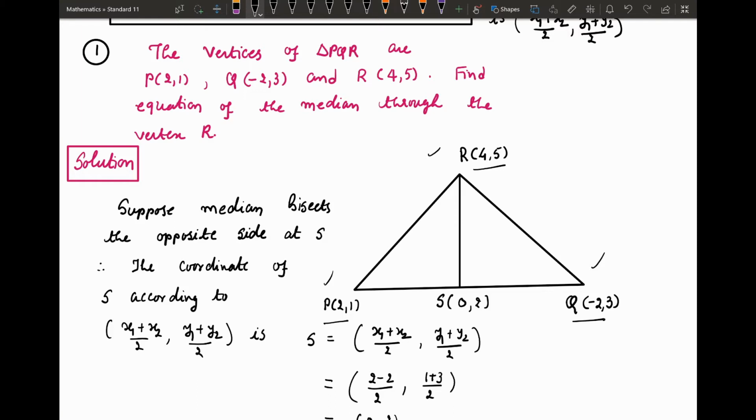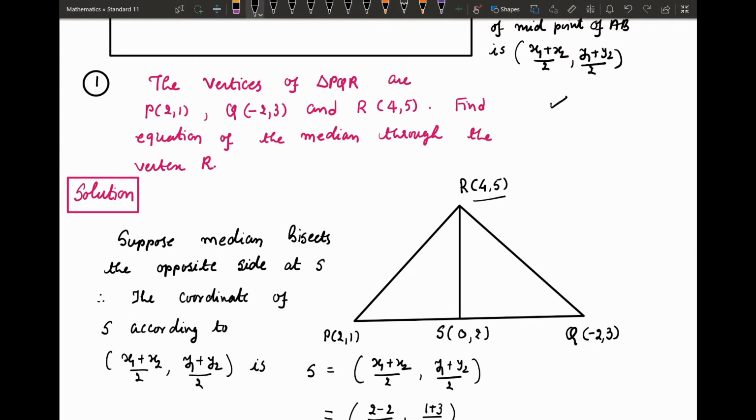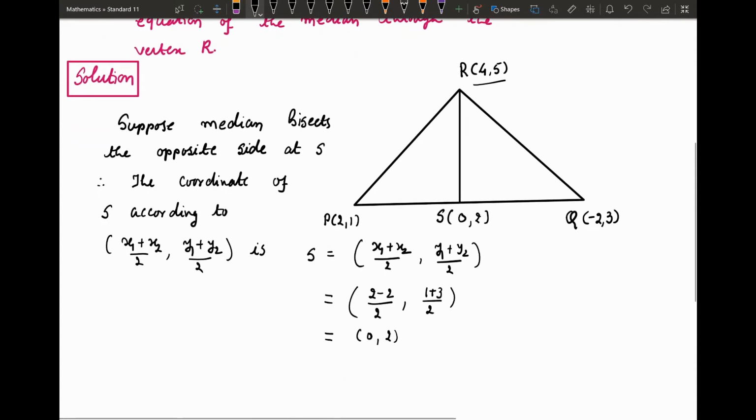Find the equation of the median through vertex R. From vertex R, suppose the opposite side is PQ and its midpoint is S. Then S is the midpoint of line segment PQ, so its coordinates according to the formula (x1 plus x2) by 2, (y1 plus y2) by 2 are (0, 2).